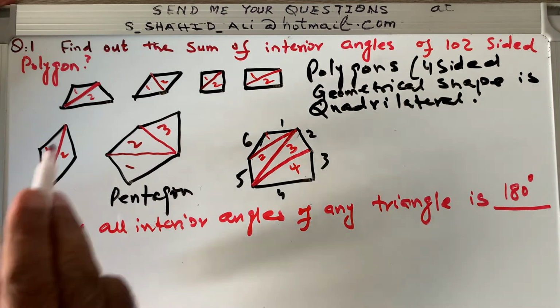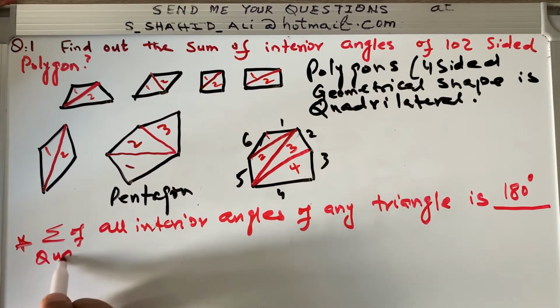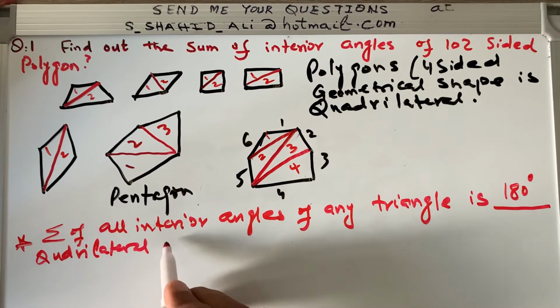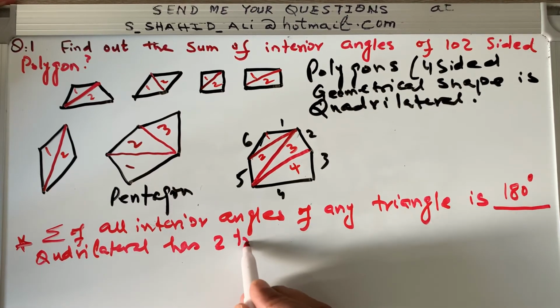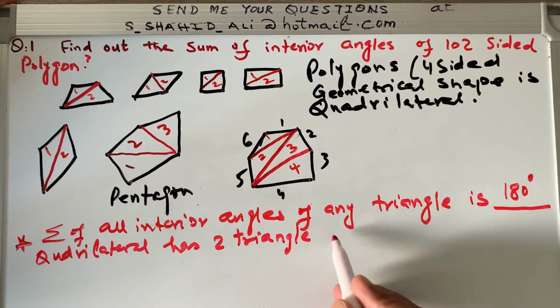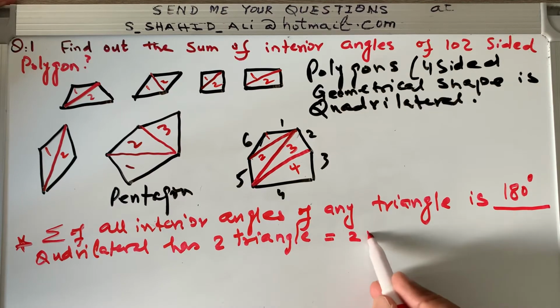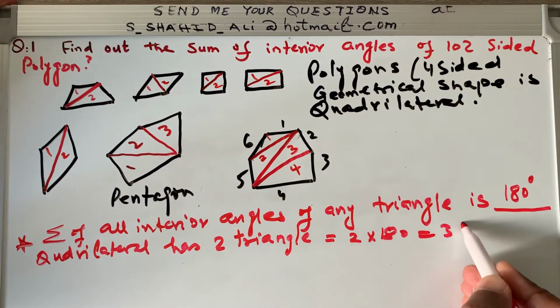So if my quadrilateral has two triangles, and all quadrilaterals have two triangles, we did that in the shapes, right? What is the sum of the interior angles of the quadrilateral? 2 times 180, which equals 360.